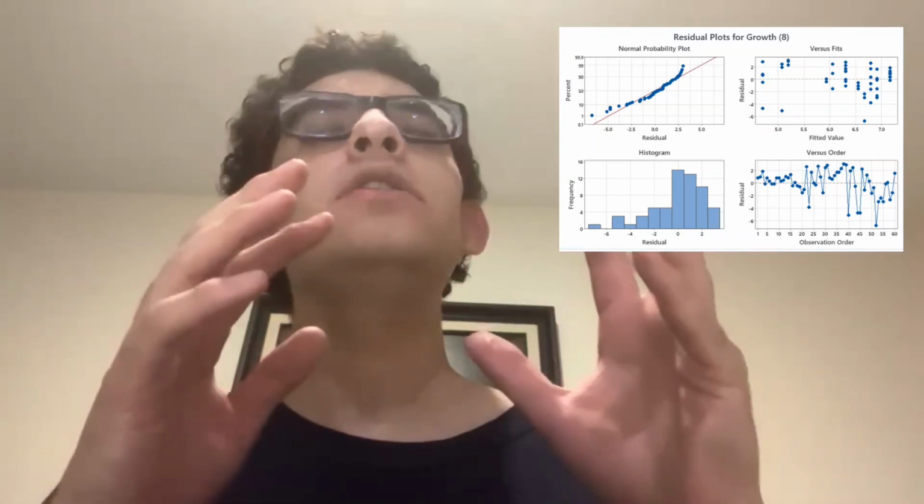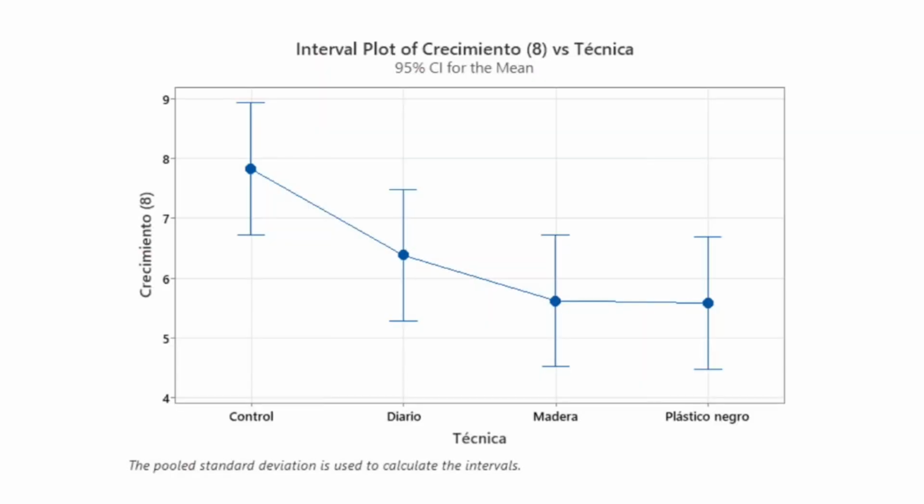Then we have the technique versus growth figures in the ANOVA tables. We have figure number 3, which represents the interval plot comparing the mean growth of lettuce among 4 mulch treatments.